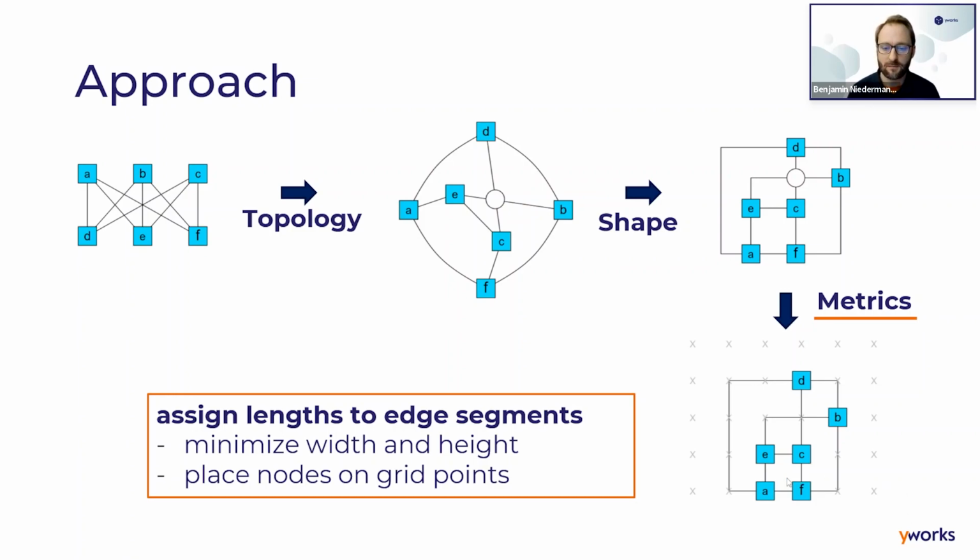But at this point, we say, for example, that these two nodes here, E and C, are 1 unit apart from each other, whatever 1 unit means in this context. And again, we don't do this arbitrarily, but similar to the previous steps, we do this in an optimized way. So what we do is we minimize the width and the height of the drawing so that the drawing becomes compact.